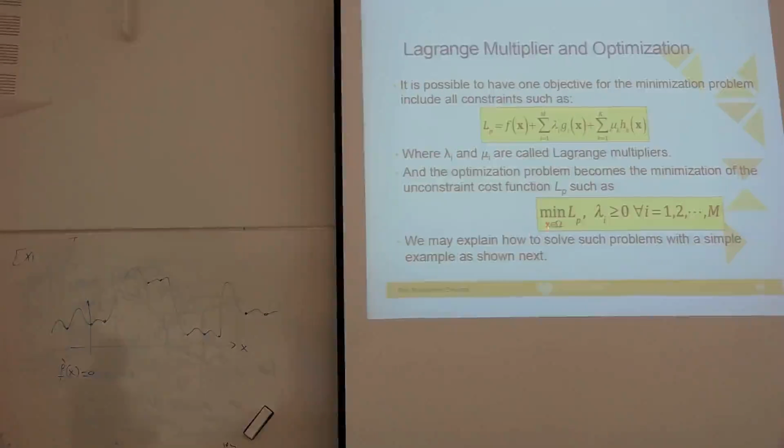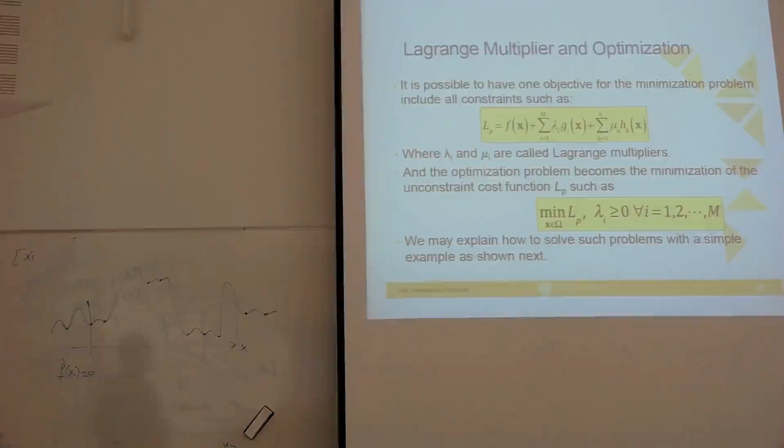So the problem becomes how to minimize this cost function, with the constraint, or the feasible set, that x should belong to this feasible set omega. Now we just take into consideration our inequality constraints, without loss of generality, because we can also add the others as we will see later.